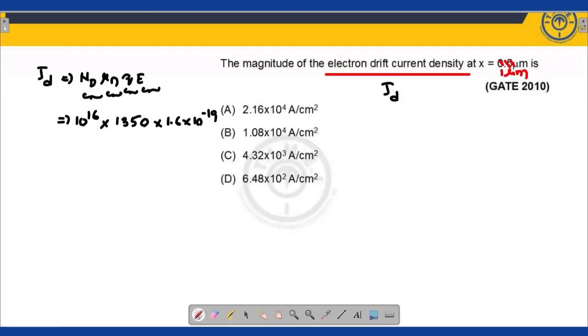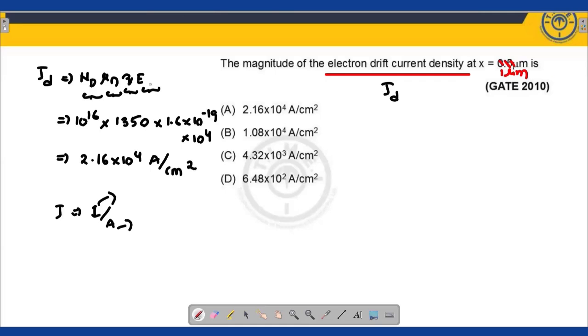So it will be changed here, which is equal to, very important, 2.16 into 10 power 4 into 10 power 4 ampere per centimeter square, because density is indicated by current by area, that is I by A. Current is amperes, area is in centimeter square. So you are getting, my dear friends, this is the answer.